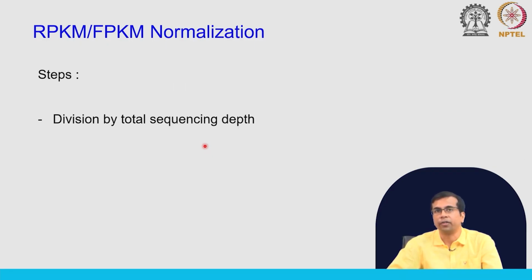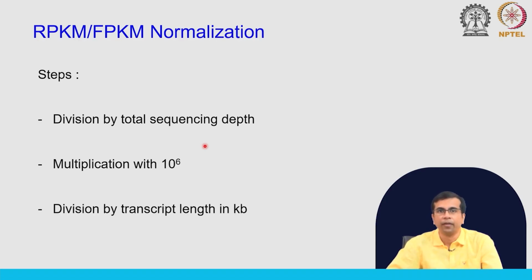The first step is we divide by the total sequencing depth. It is very similar to what we discussed just before this, the CPM normalization method, where we follow the same process. We divide by the total sequencing depth. Then we multiply by 10 to the power 6 as before, and we understand the reason.